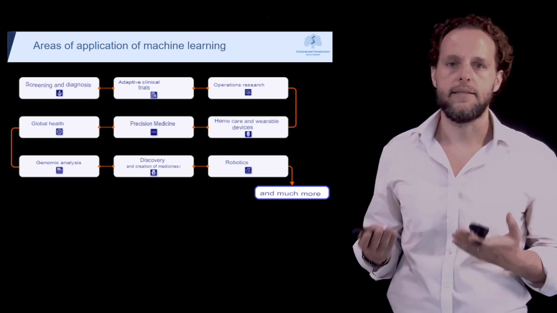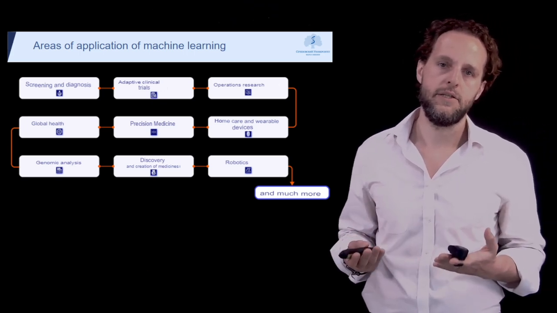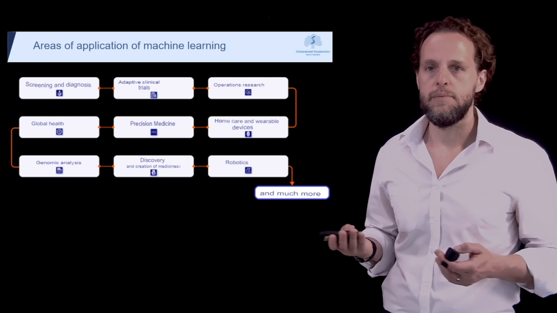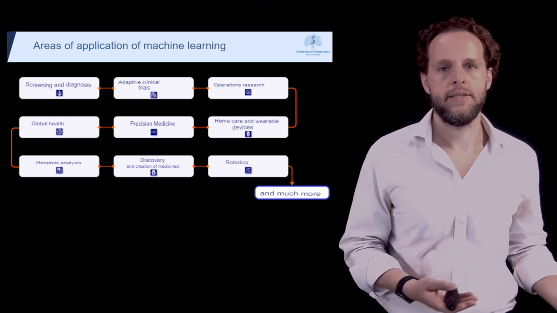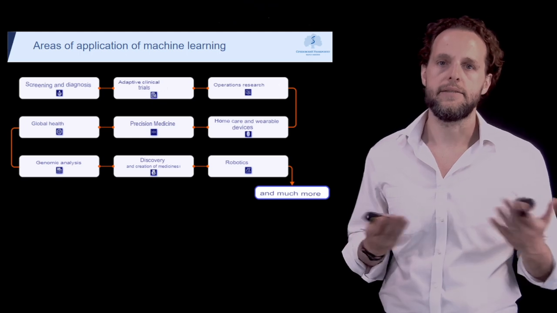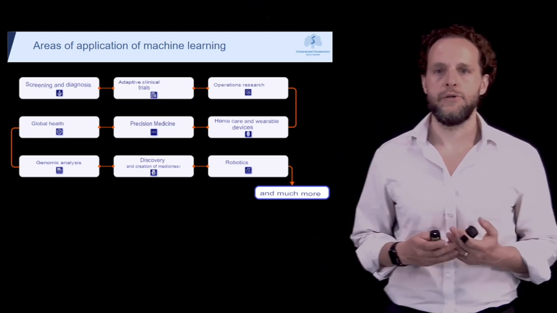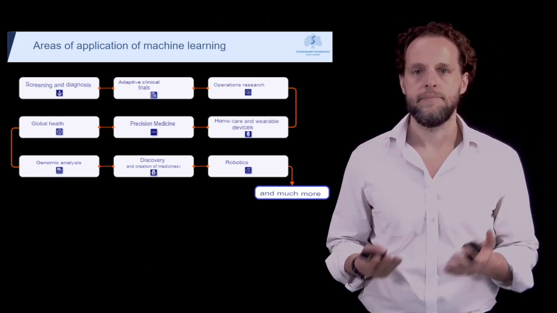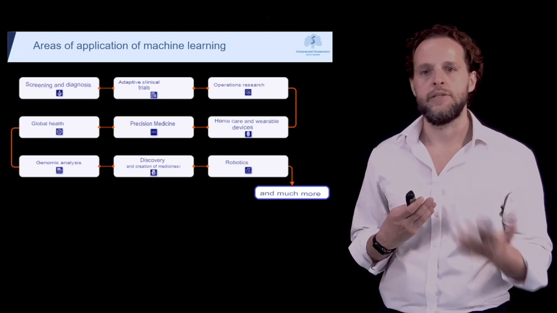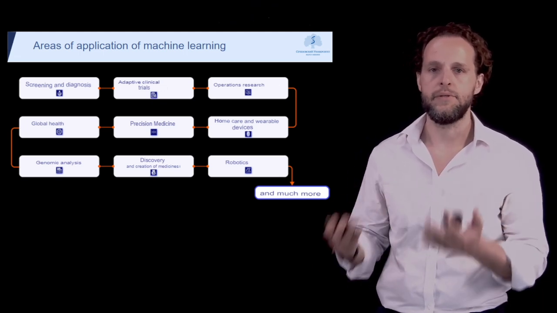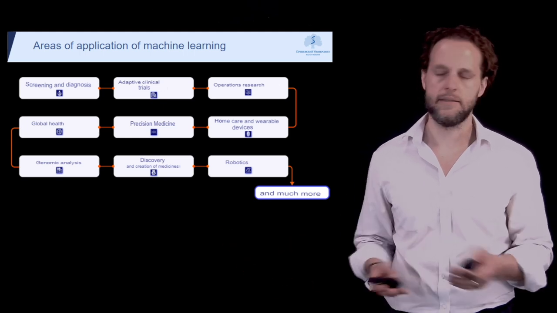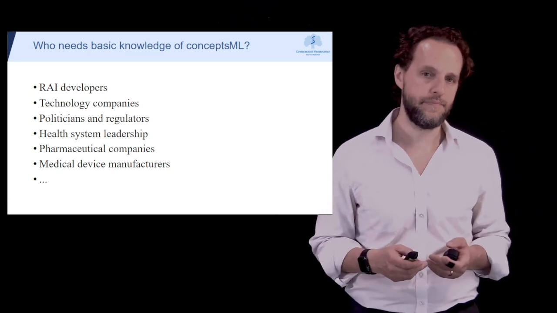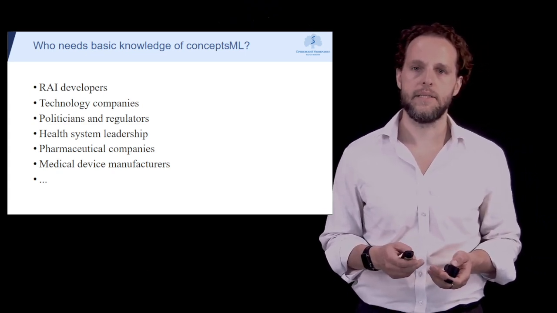Let's look at these areas in which machine learning is applicable in modern healthcare. It will be used in screening and diagnosis, adaptive clinical trials, surgical research, home care and smart devices, precision medicine, global medicine, genomics, drug development, robotic devices, and so on. So I guess it will cover all zones of novel medicine.